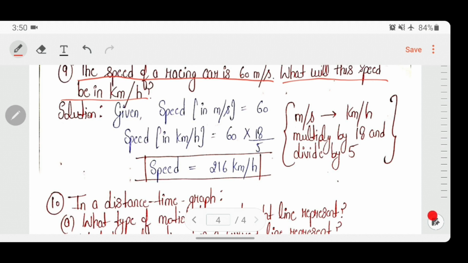Same as in the previous numerical, you multiply the given speed in meter per second by 18 and divide it by 5. You can write this as 60 into 18 upon 5. After solving this, you get the speed of the racing car equal to 216 km per hour. Students, this is how you can find the speed of the racing car in kilometer per hour.